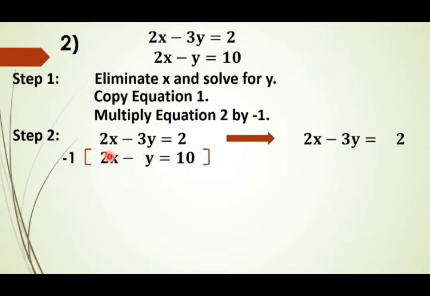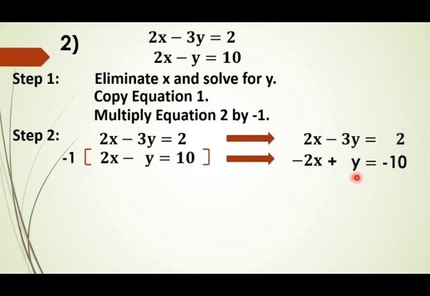Negative 1 times 2x equals negative 2x. Negative 1 times negative y, positive y, equals negative 1 times positive 10, negative 10.